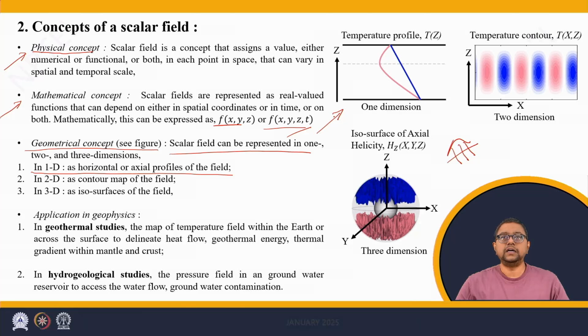In this figure, the axial direction is shown by the arrow marked Z, and the temperature is only a function of Z, making it a one-dimensional field.